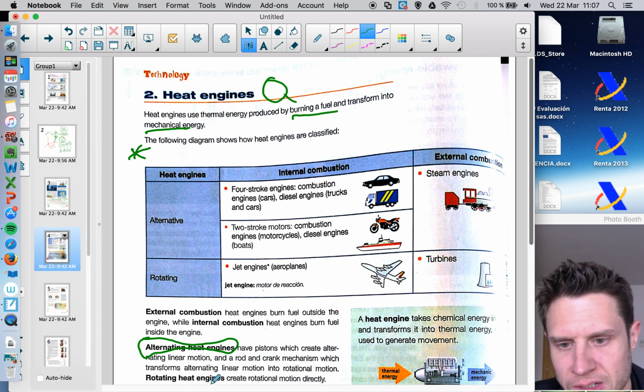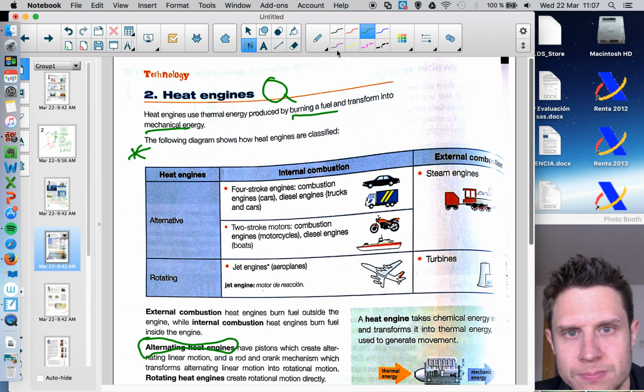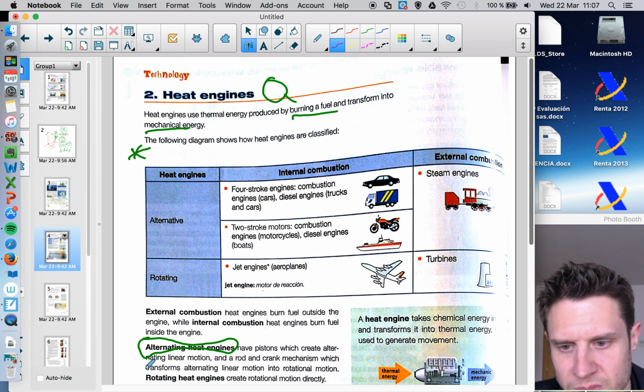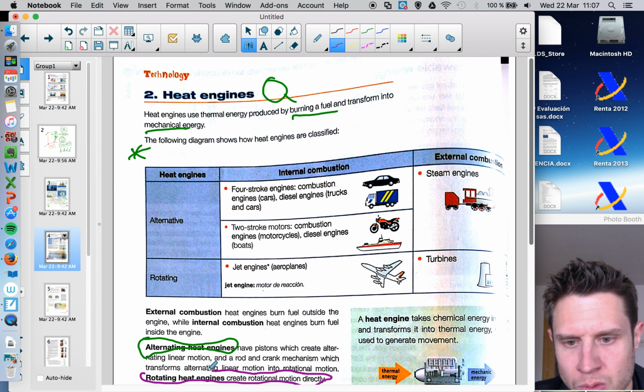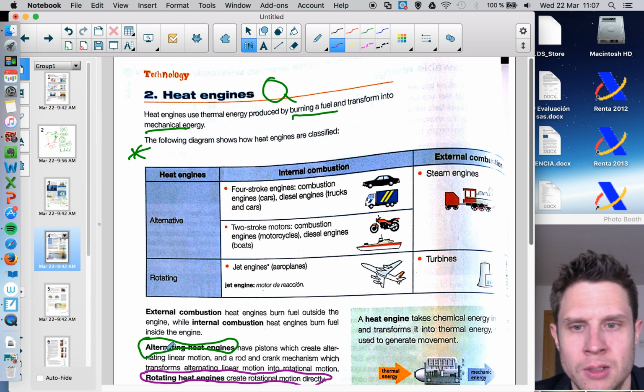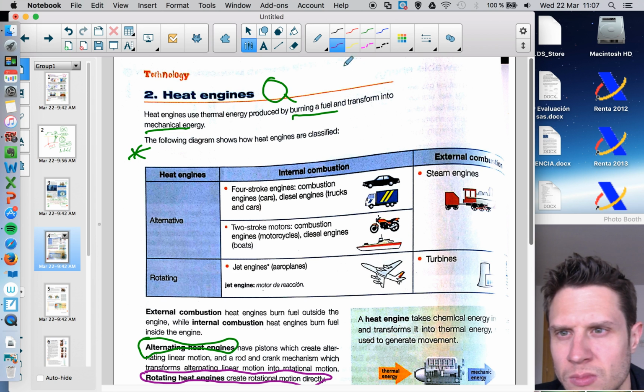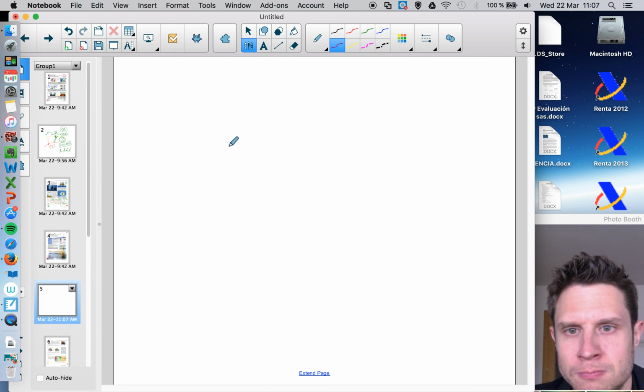And then rotating heat engines create rotational motion directly. Okay, good.